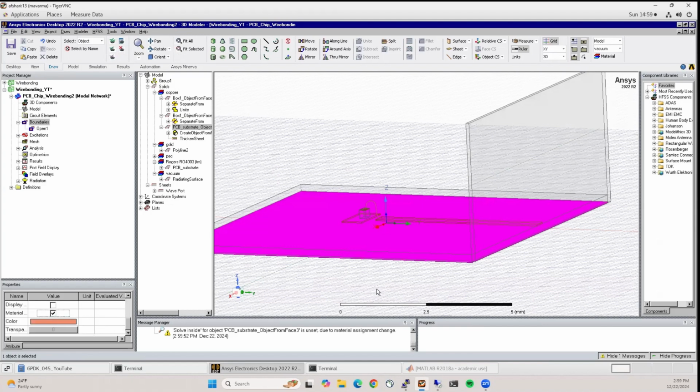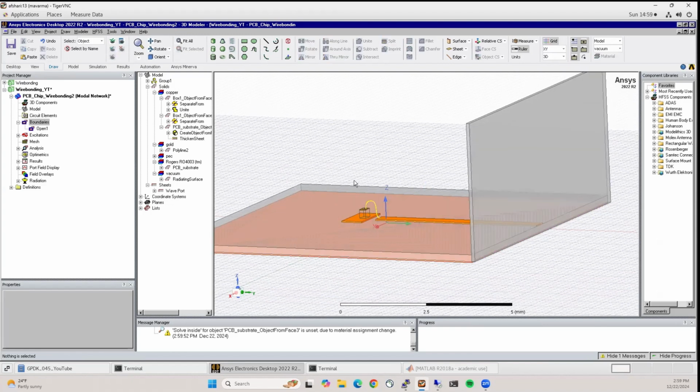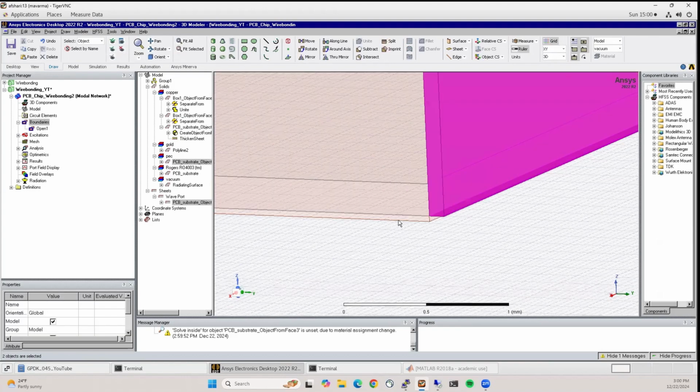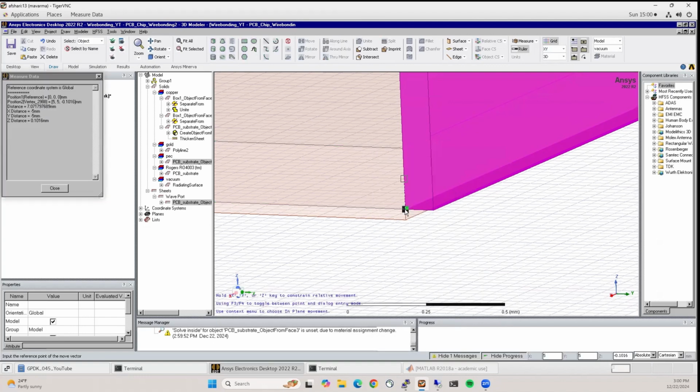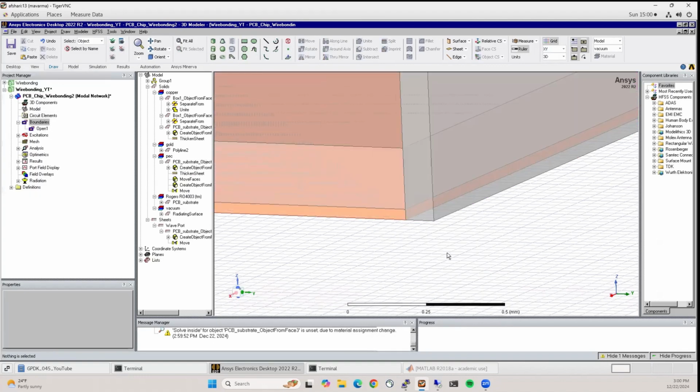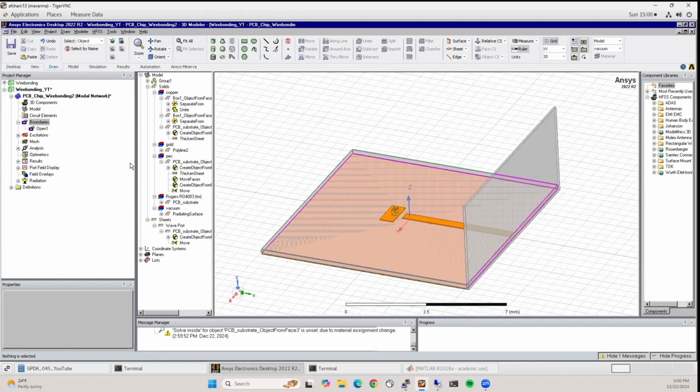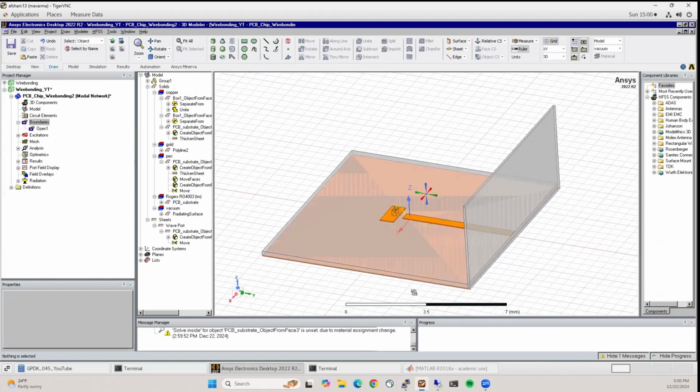Let's make it look like copper. Okay. Then I'm going to select this port and move it down. Okay, so that copper is set up there.